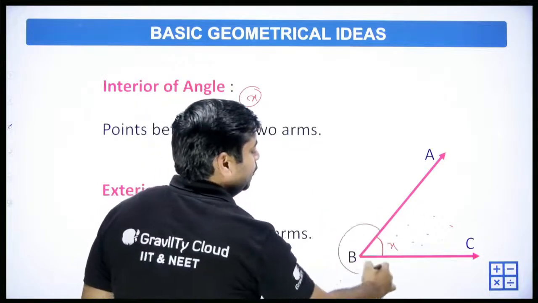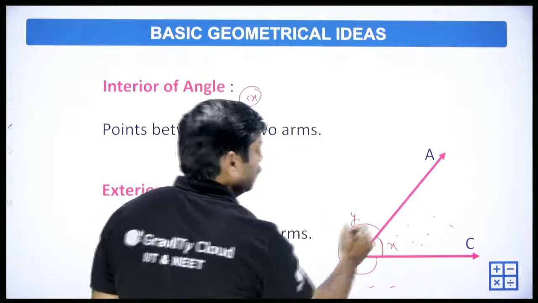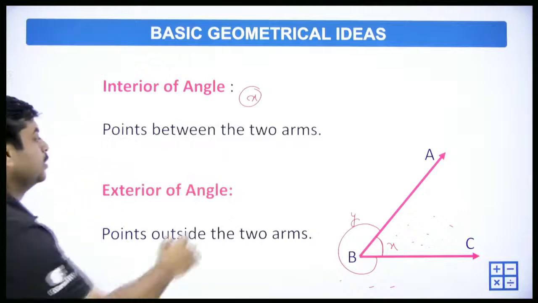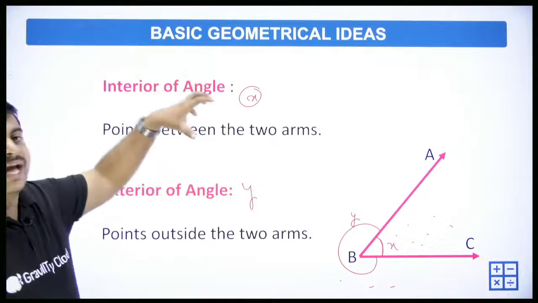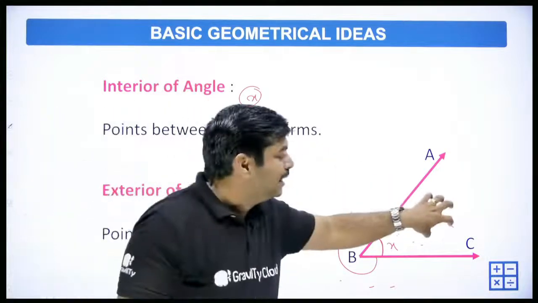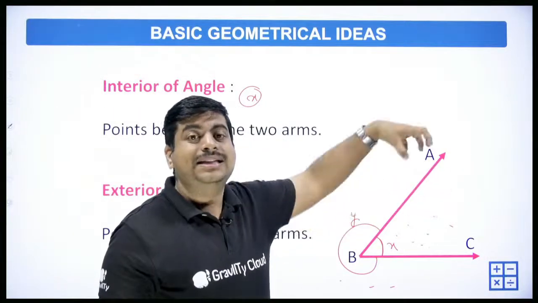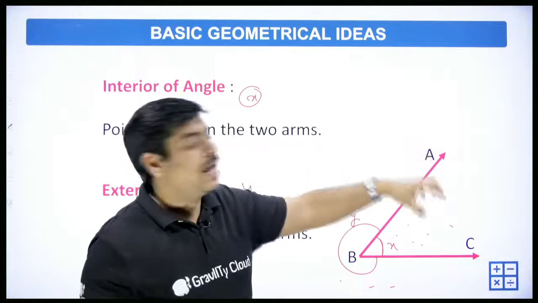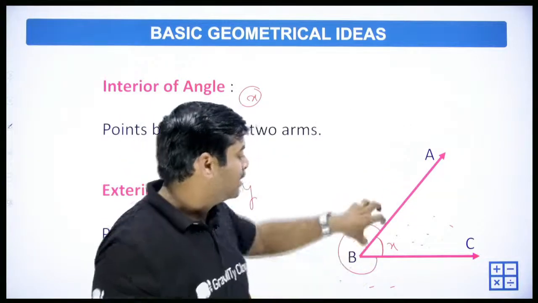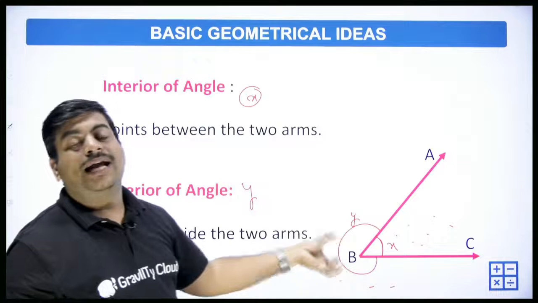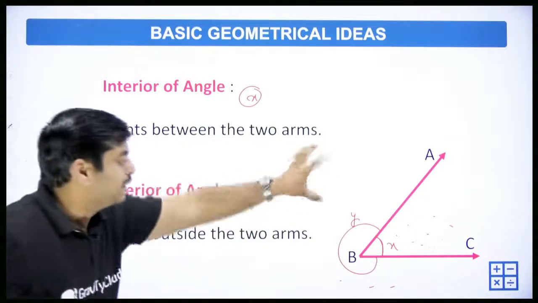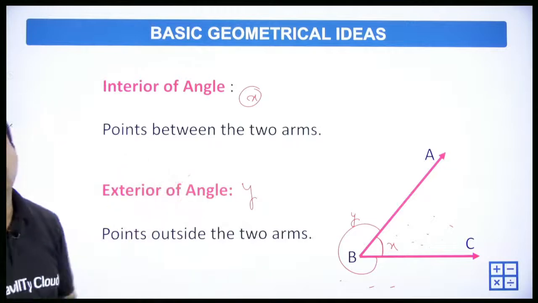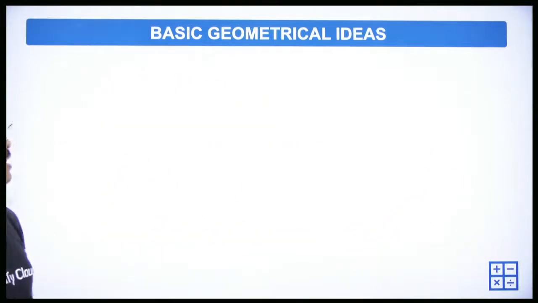So this angle, whichever we are trying to find, which is y, right? All the points outside which are in the range of y are the exterior of the angle, right?